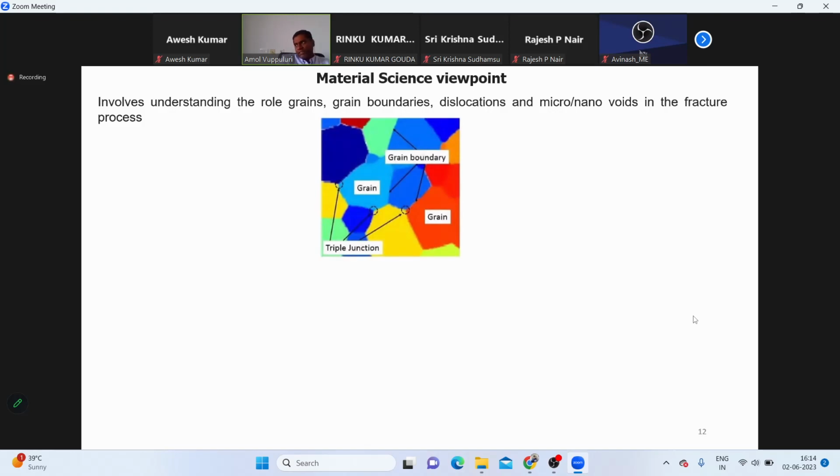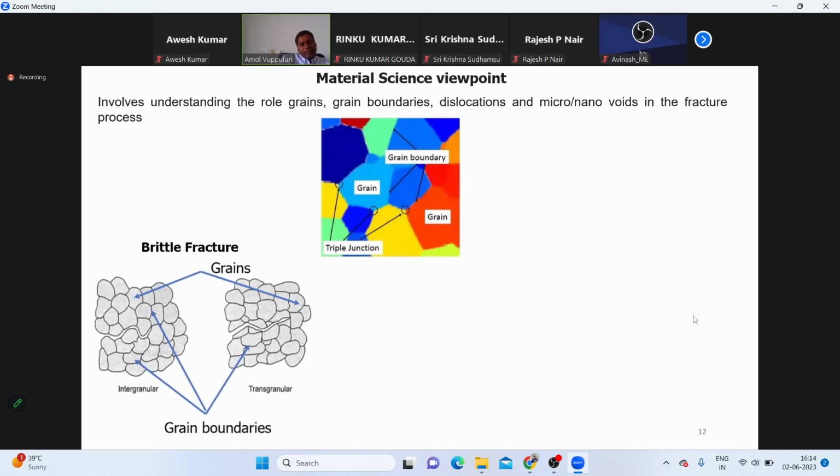Grains are the regions in which atoms are arranged in a systematic manner at a particular orientation, and a typical polycrystalline material contains several such grains which are oriented randomly. These grains are separated by an amorphous region called grain boundaries. Grain boundaries are the potential sites from which failure or fracture is initiated. How these grains and grain boundaries play a role in fracture is investigated by material scientists. So this is another viewpoint of fracture.